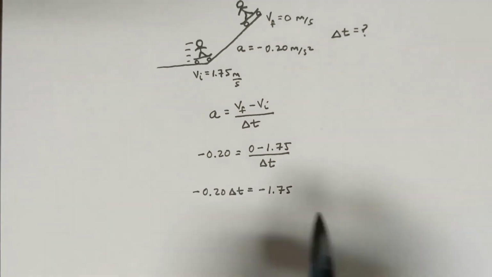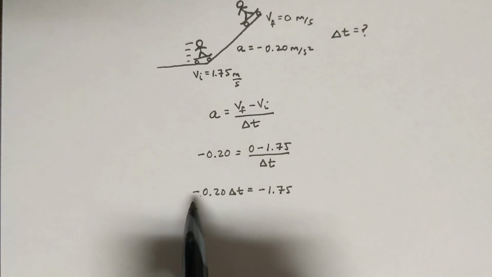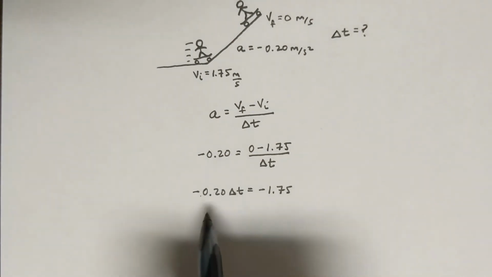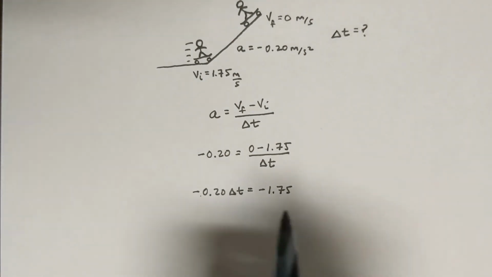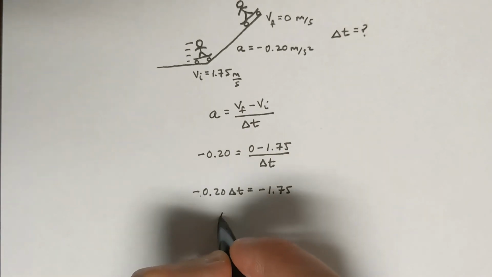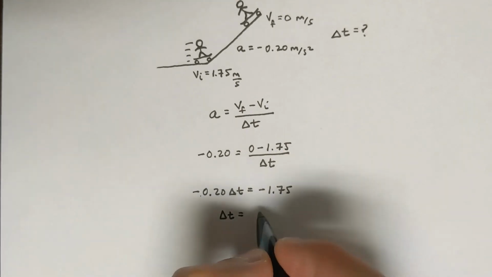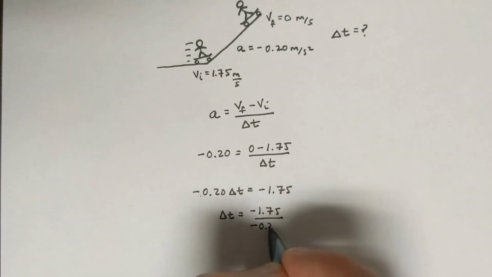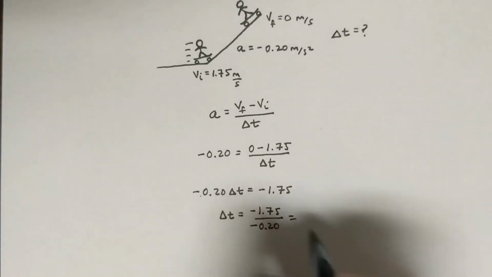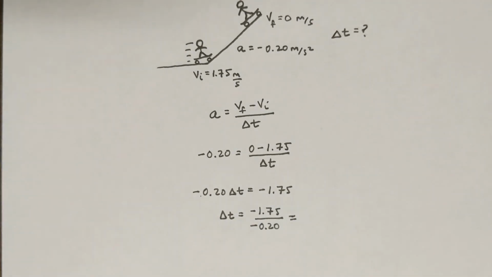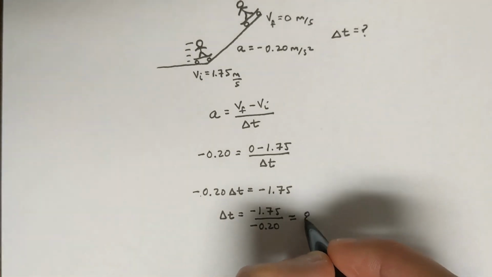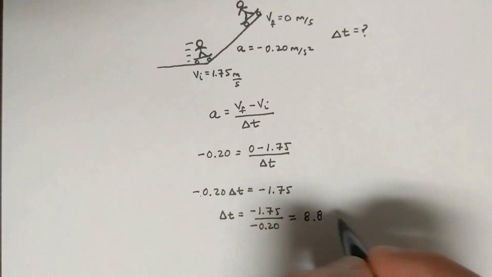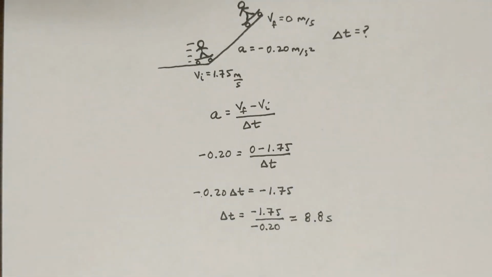Right now it's being multiplied by negative 0.2. So we're going to have negative 1.75 divided by negative 0.20. Let's see what this comes out to. Put these numbers into your calculator. 8.75 seconds. Okay, great job.